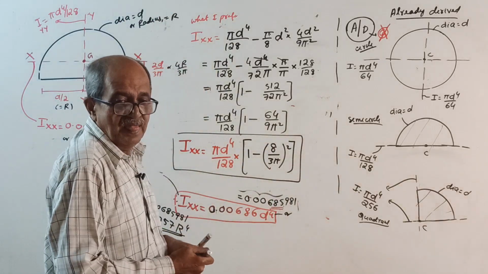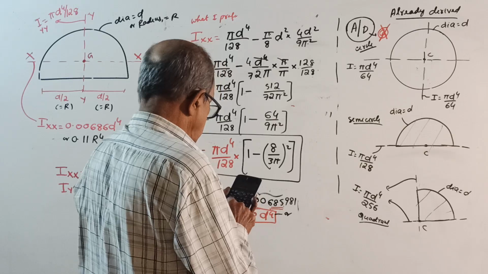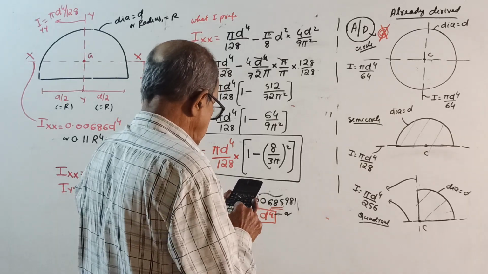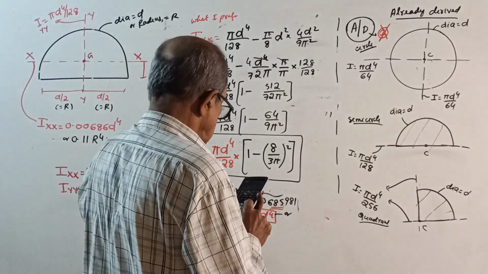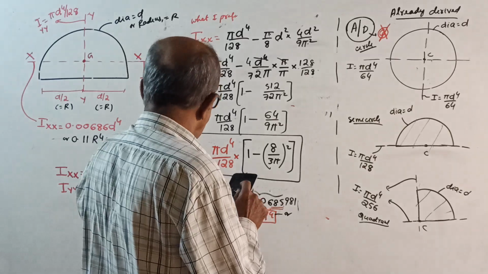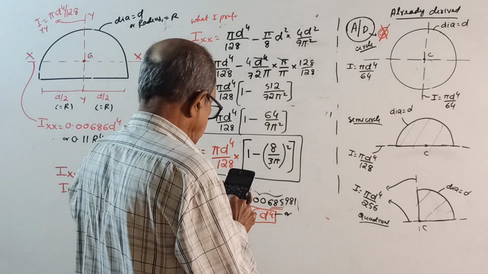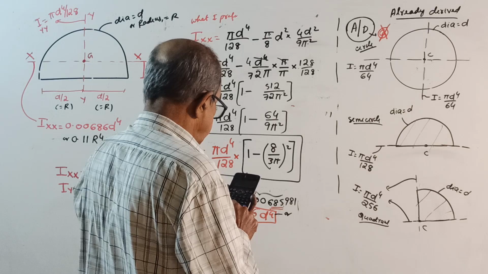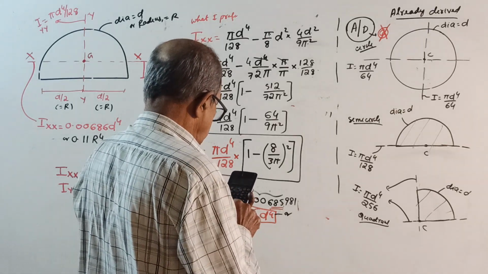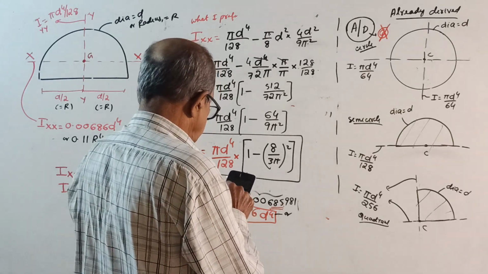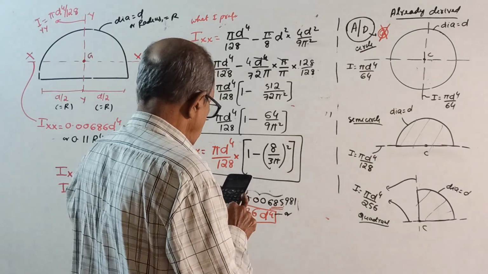Again check it: 8 divided by 3 divided by pi, whole square, minus 1. Minus 1 is so much. 8 square divided by 9 pi square is 0.72, into minus 1, plus 1, into pi by 128.